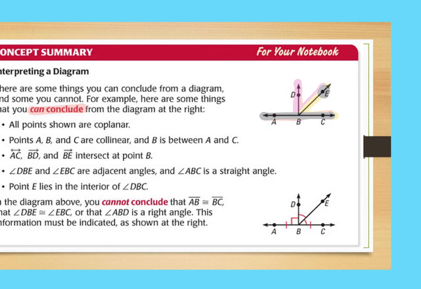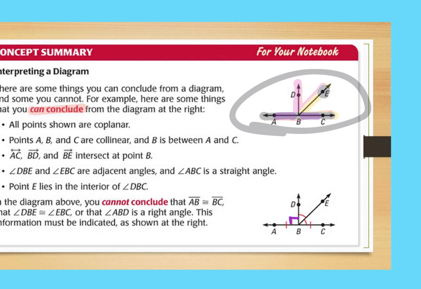What you cannot conclude is that it is a right angle from this picture just because it looks like it. You would have to see the right angle mark in order to know that it's a right angle. You cannot conclude that AB and BC are congruent just because they look like they're the same length.